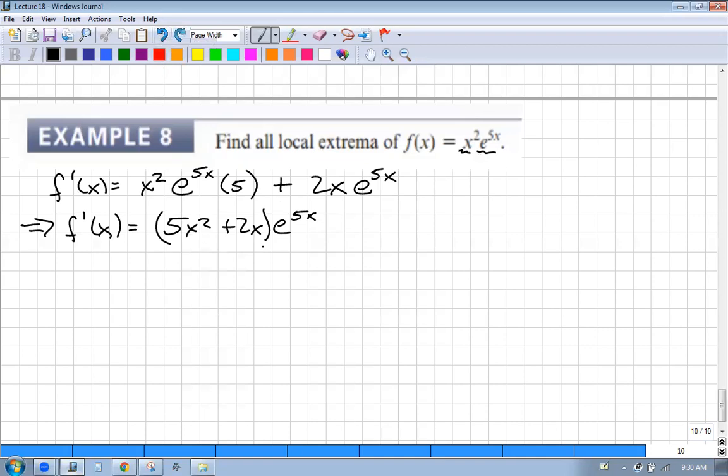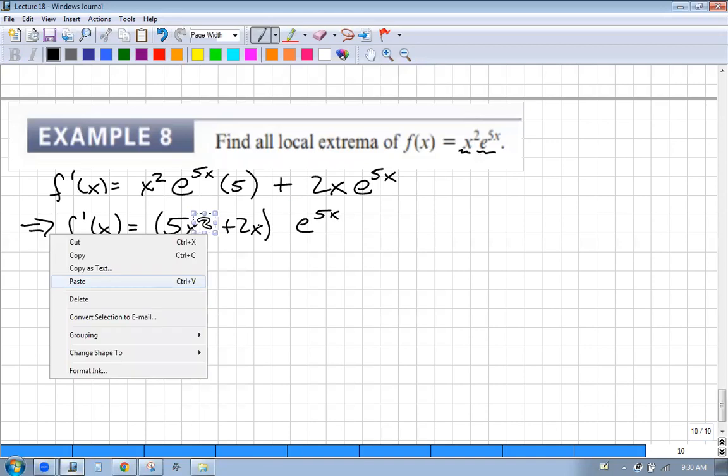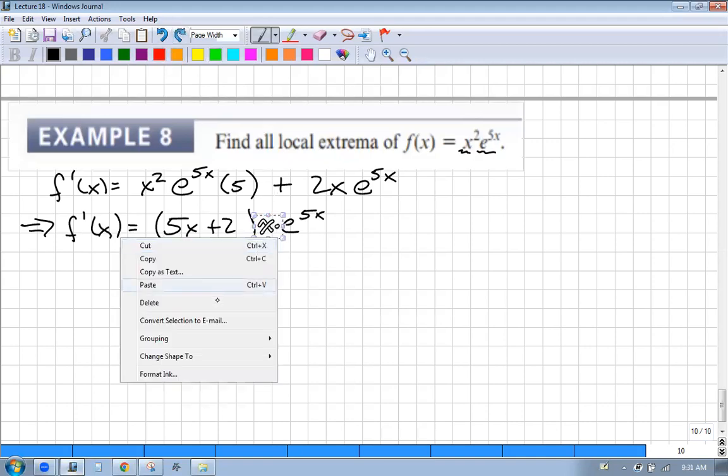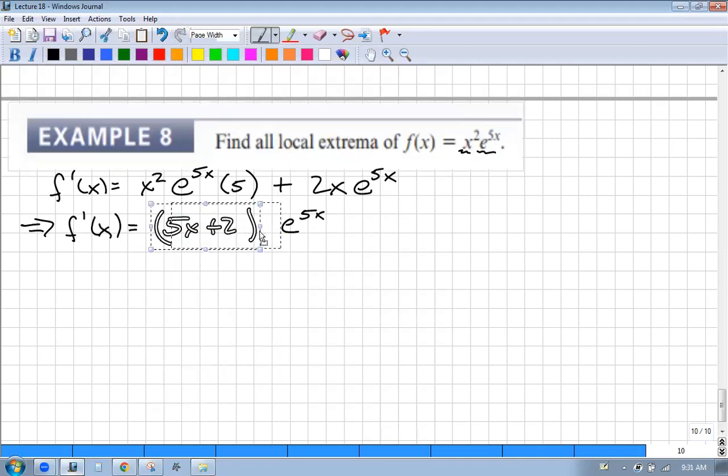So maybe I'll pull an x out as well. I factored as much as I can ahead of time. You might want to write the x out front here. I'm going to put it out front. Looks better over there.